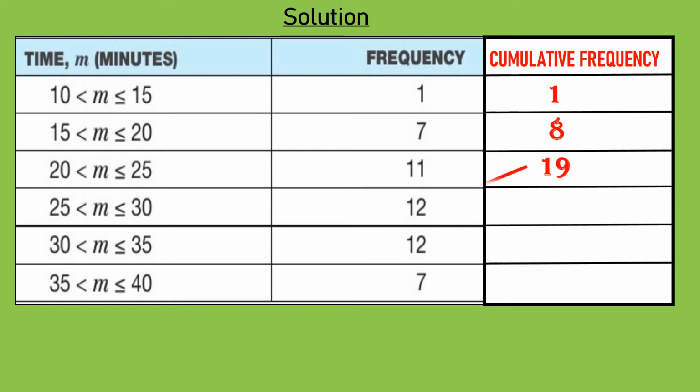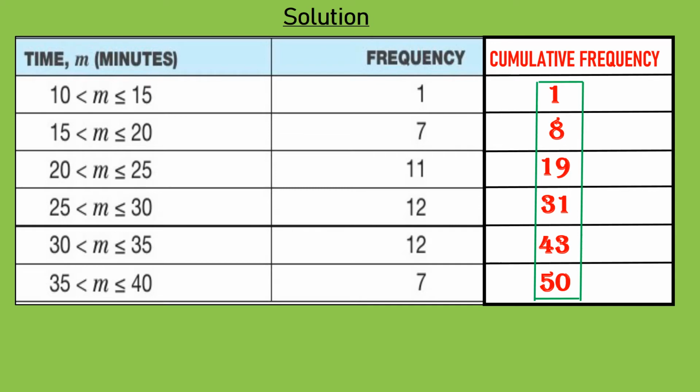Then 19 plus 12 gives us 31. 31 plus 12, we get 43. And then 43 plus 7, that gives us 50 as our last cumulative frequency. This last cumulative frequency is the same as the total frequency.